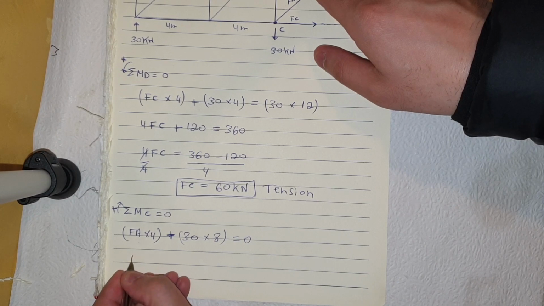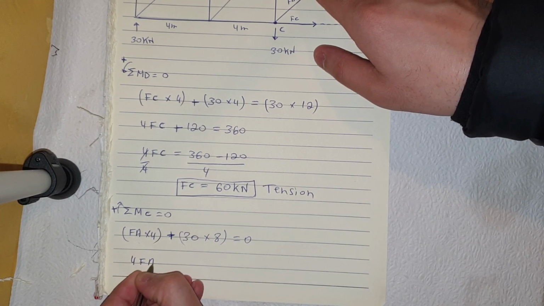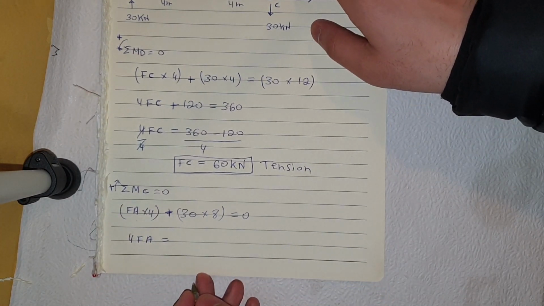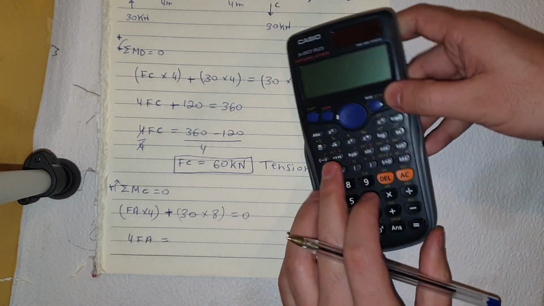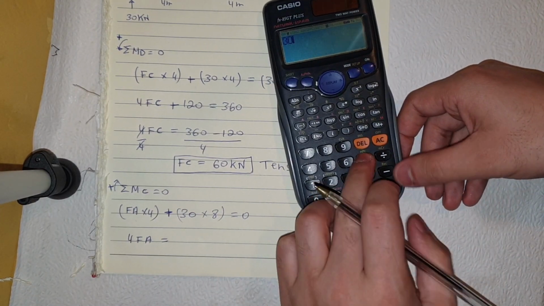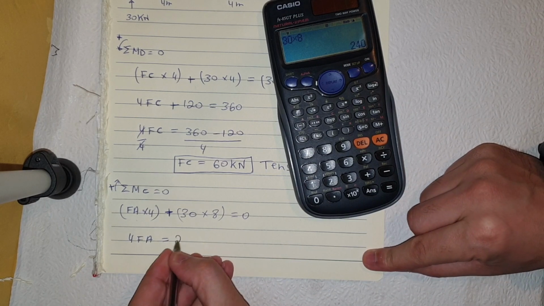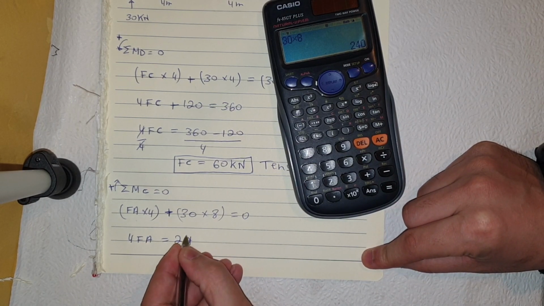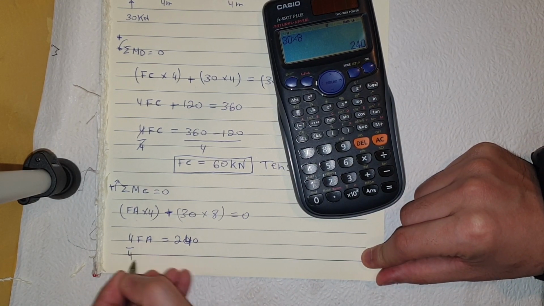So my FA will be equal to 30 times 8, that will be equal to 240. Both sides divided by 4.